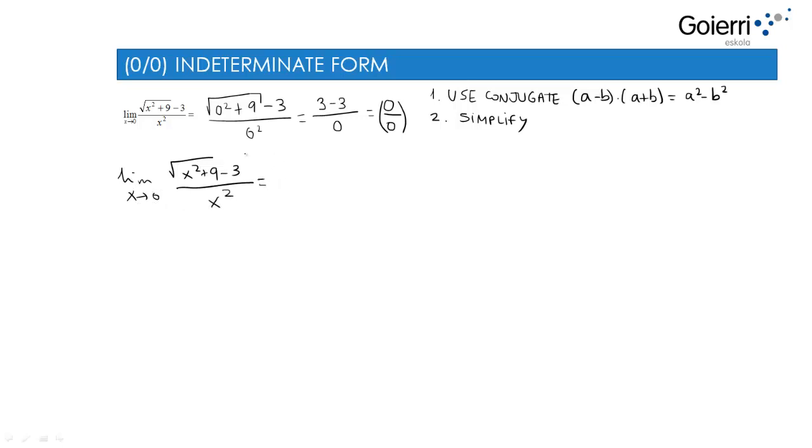Here I think it's easier if you write down which are the a and b terms. The a term for me is the square root of x squared plus 9, and b is the number 3. So here I have already the first term, a minus b, so I need times a plus b.